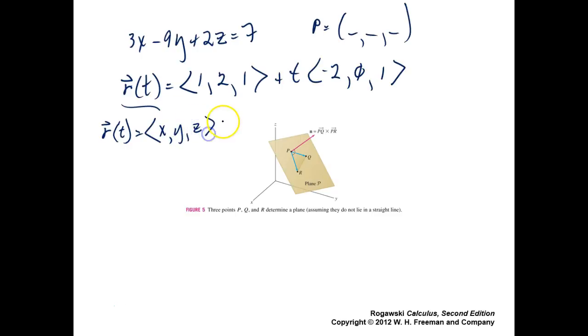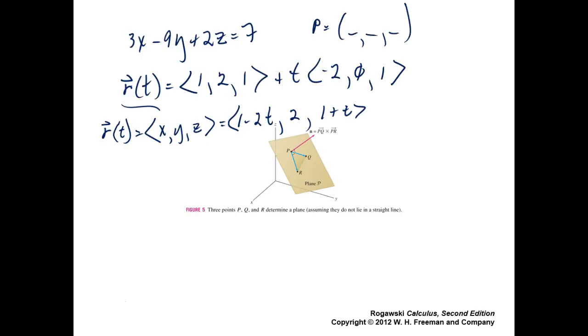And what would they be? 1 minus 2t is the x coordinate. 2 is the y coordinate. 1 plus t is the z component. Okay.